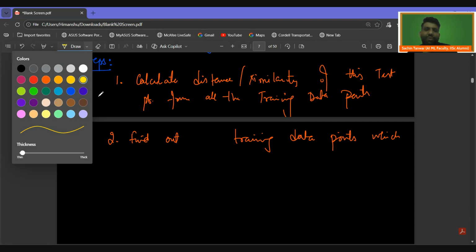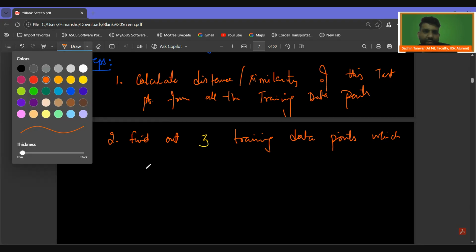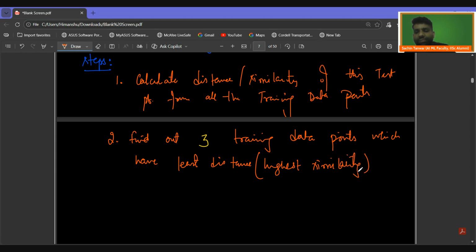I'll talk about why 3 or why not 5, why not 7. 3 training data points which have least distance or highest similarity distance to query, meaning the test data point.